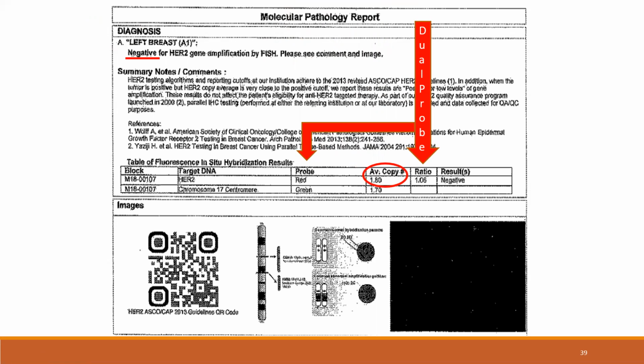We do not want the SEP17 copy number. This is just a good example too, that you can see you have a dual probe. You have a red probe and a green probe. That's 2 probes. But basically you want HER2 by fish negative, you want the ratio, and you want the HER2 copy number. That's all you need to text.